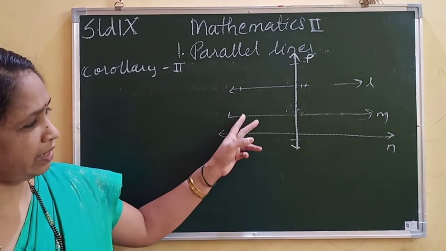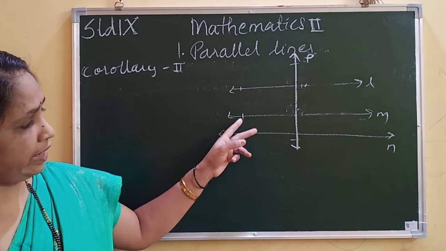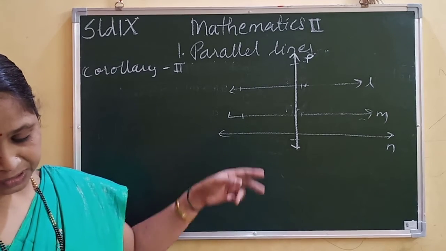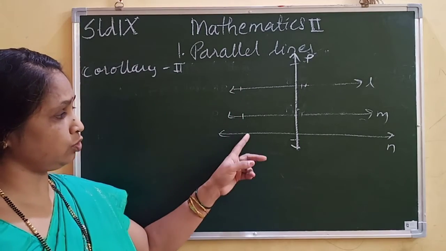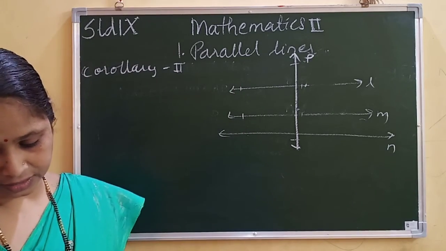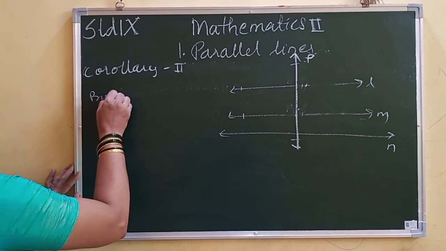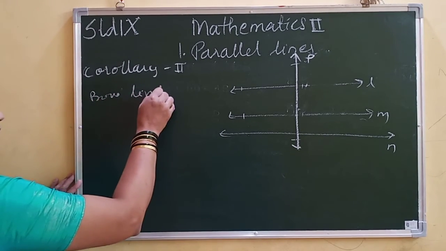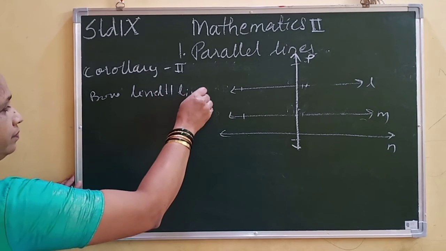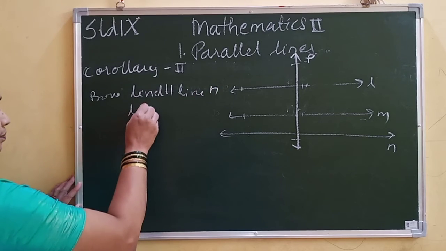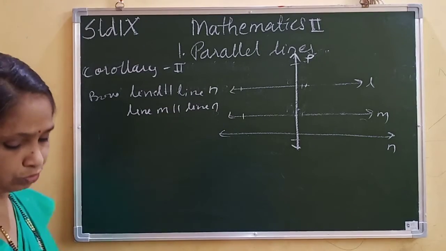In that, line L is parallel to M, and line M is parallel to N. So what we have to prove is line L is parallel to line N and line M is parallel to line N. This we have to prove.